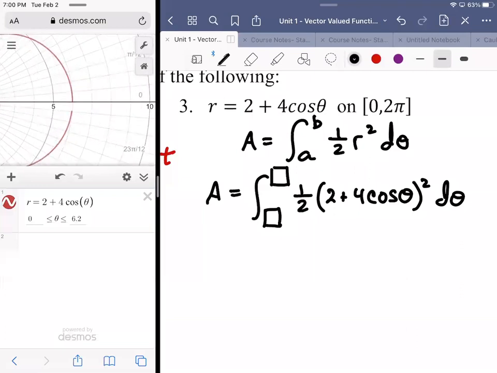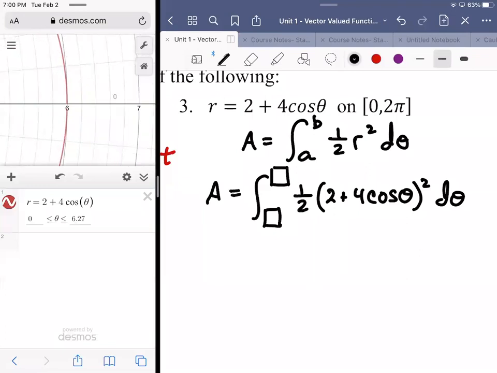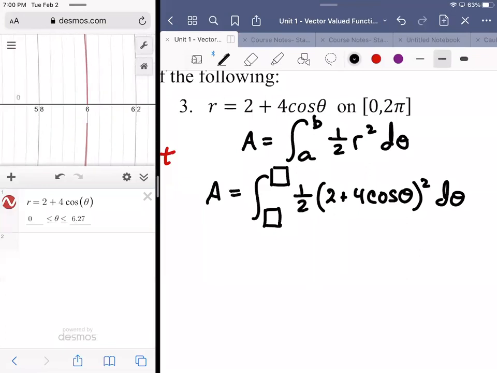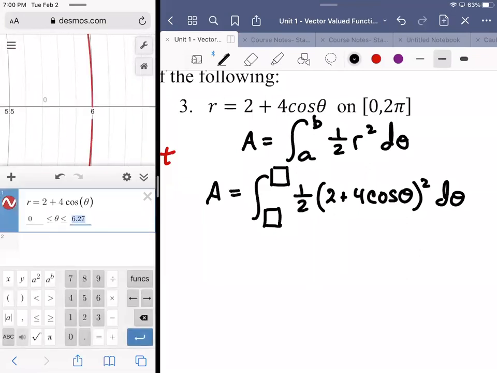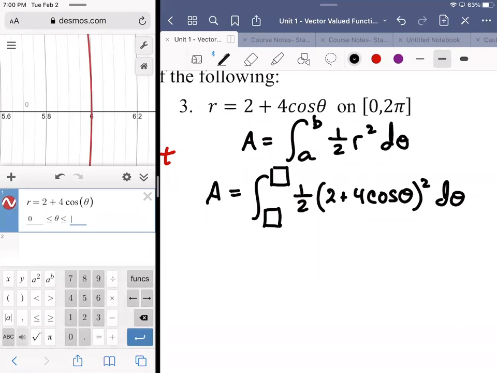And you see that it's almost there. It's almost one full complete turn. So I'll make it 6.27, and you see that there's still a little gap there. So 6.28, with 2 pi actually closing the gap, is pretty close to one full complete turn.